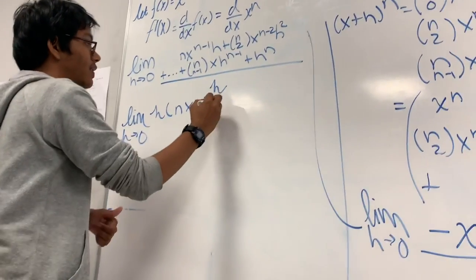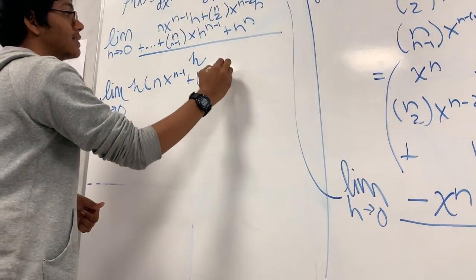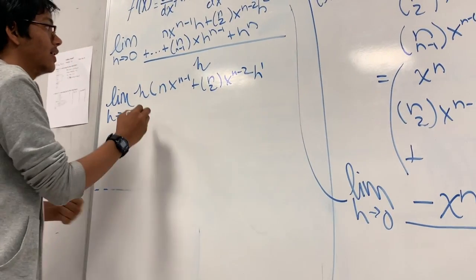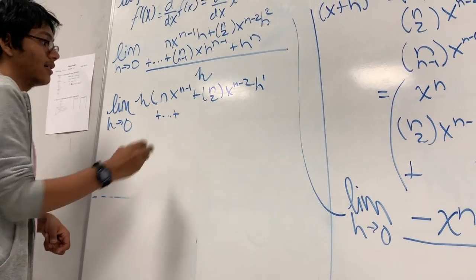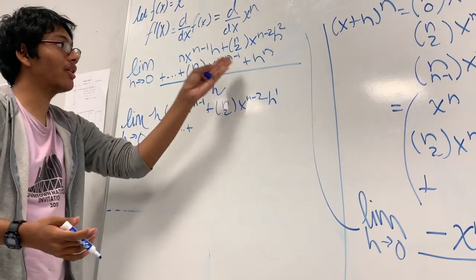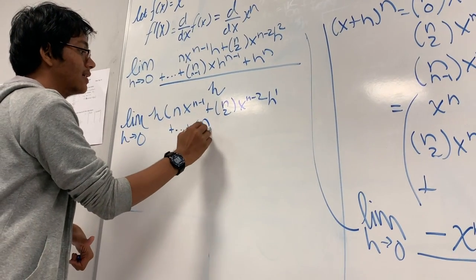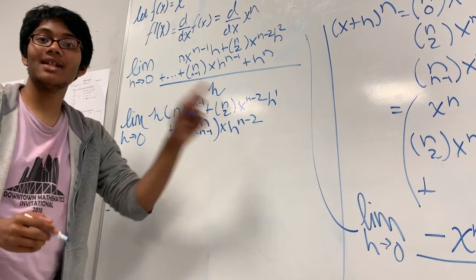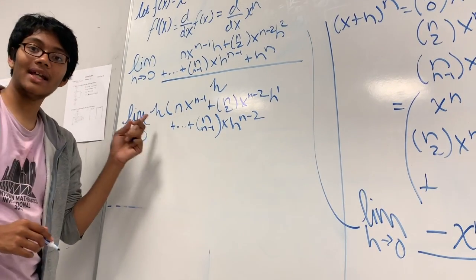And now all my h's will have one less for their power than they used to have. So now I'm going to have n choose 2 x to the n minus 2, and now instead of 2, my h is going to be to the power of 1. If you apply that understanding to all the other powers of h, you'll recognize that the second to last h will now have an exponent of n minus 2, because I just factored out that h.